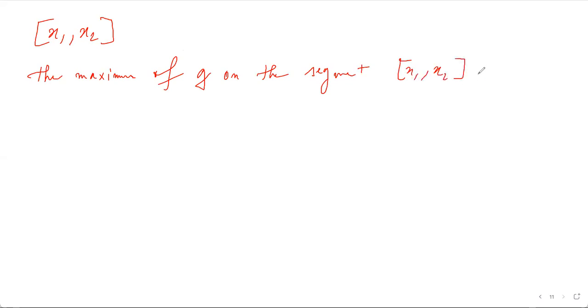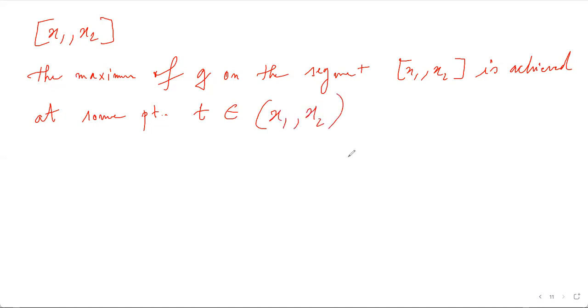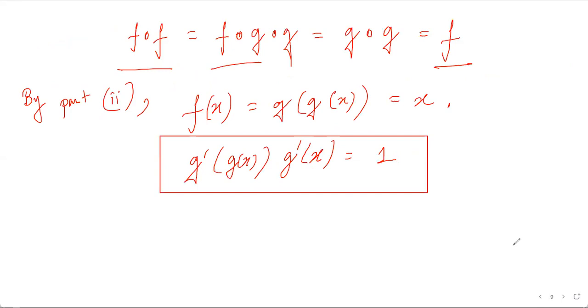And so the maximum of g on the segment x1, x2, closed and bounded, is achieved at some point t belonging to x1, x2. But that would imply that g dash t is equal to 0, which is not possible because that would contradict this result.